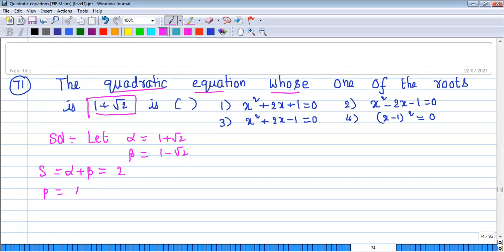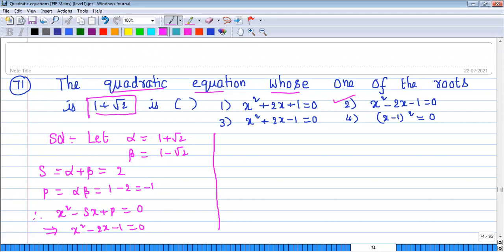Product of the roots alpha beta is 1 square minus root 2 square, 1 minus 2, which is minus 1. Now the required equation is x square minus sx plus p equals to 0. Substituting, x square minus 2x minus 1 is equal to 0. That is the second option, the right option.